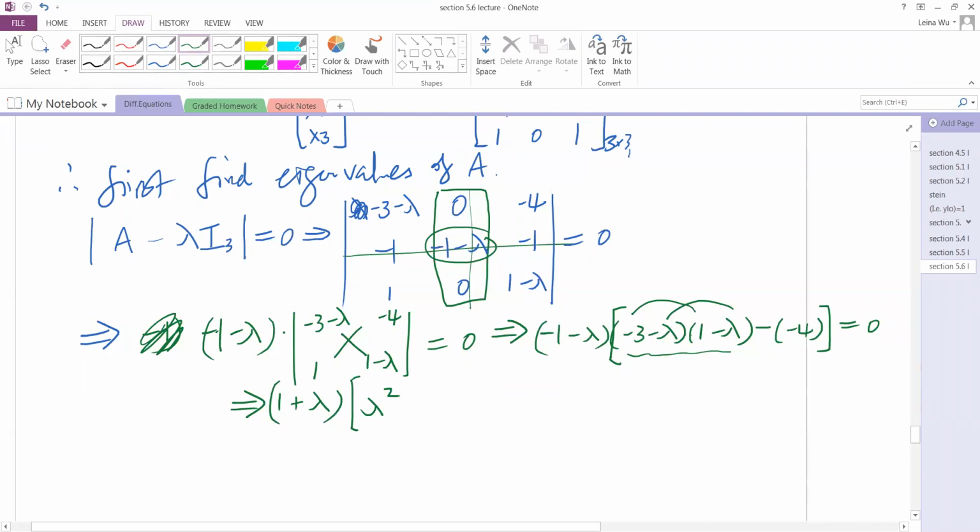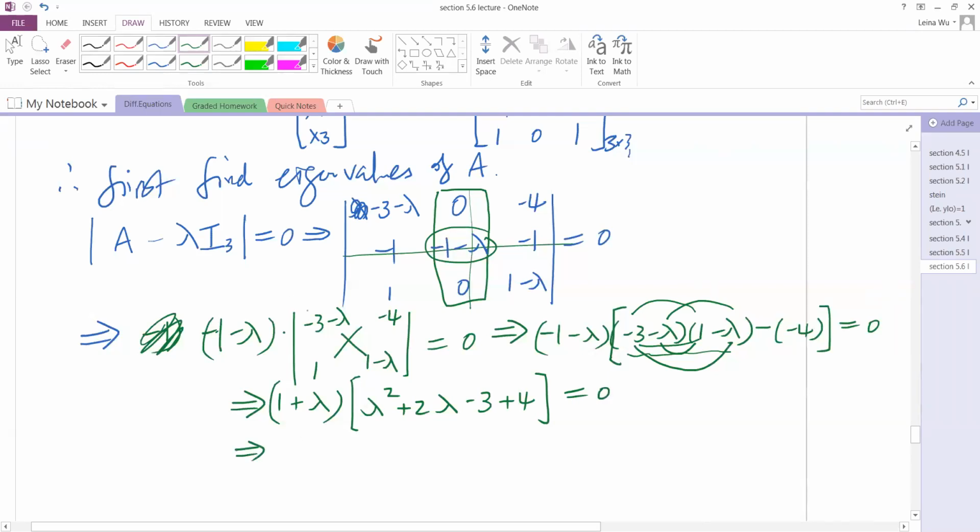How many lambdas are there? I should have a 3 lambda, and combining those two, you should have +2 lambda, right? And then the constant will be -3 times 1, which is -3. And then in addition to this +4 in the end equals 0.